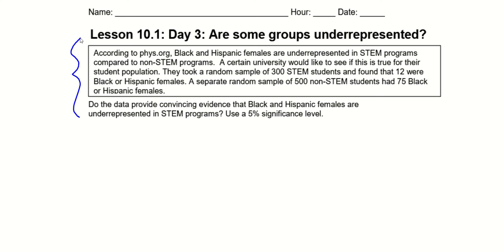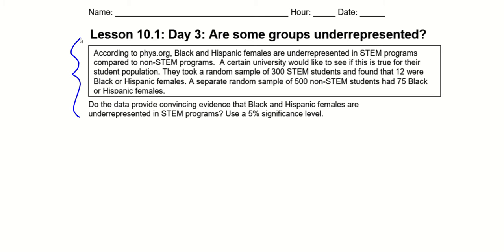All right, so here we go. According to phys.org, Black and Hispanic females are underrepresented in STEM programs compared to non-STEM programs. A certain university would like to see if this is true for their student population. They took a random sample of 300 STEM students and found that 12 were Black or Hispanic females.